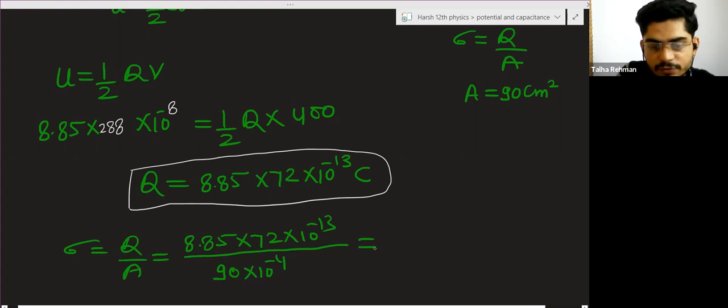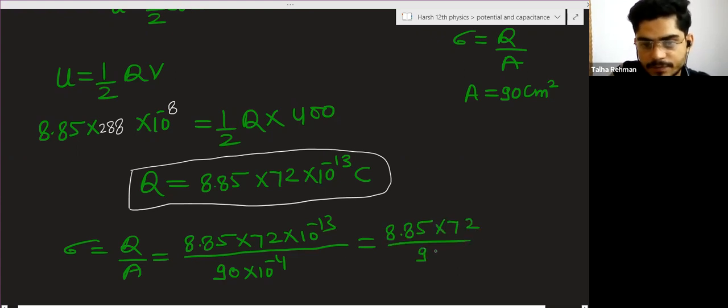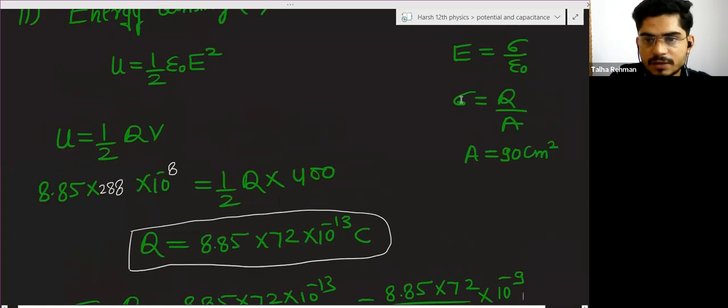When you calculate, you will get the value of sigma as 8.85 into 72 divided by 90, and this will become 10 to the power minus 9. So we have sigma.